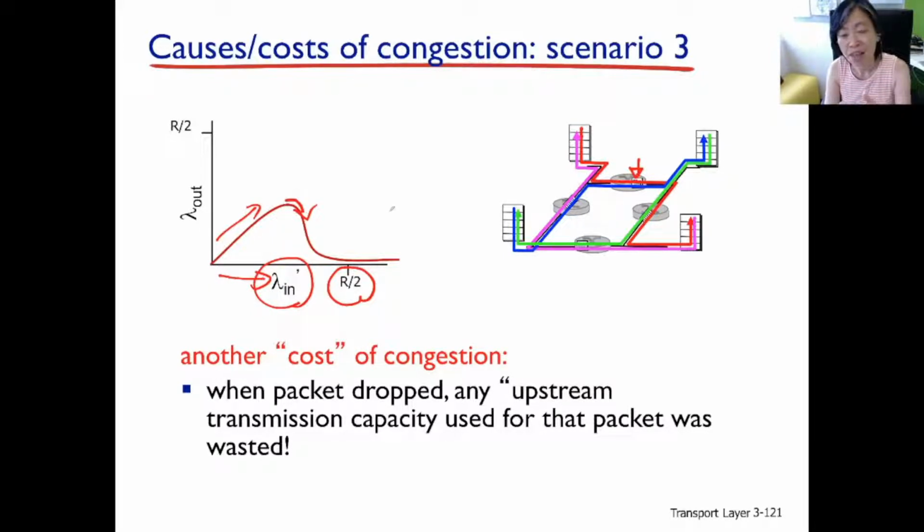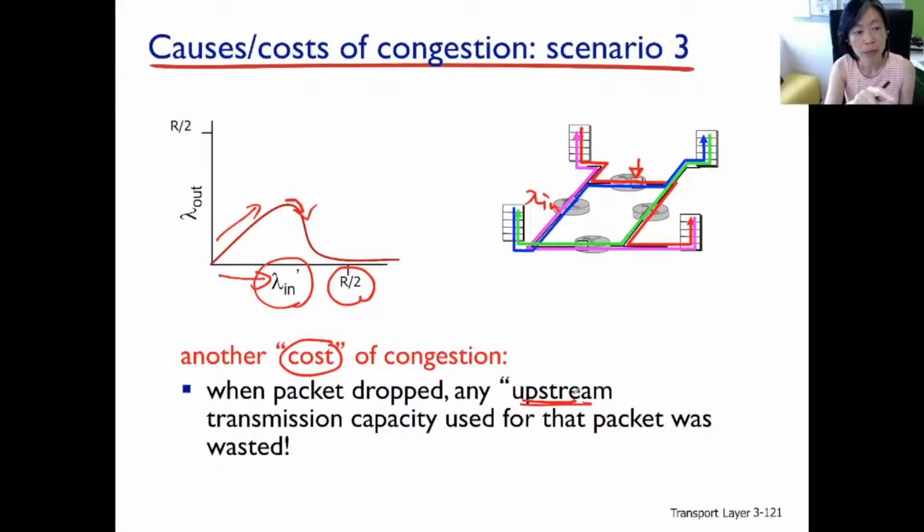Then when the lambda in here is small, really bad. So that is another cause of congestion. Because the bandwidth that is transmitting these packets when they're traveling upstream is all wasted. The amount of waste is actually not quite comparable to unnecessary retransmission. Those are probably very small.